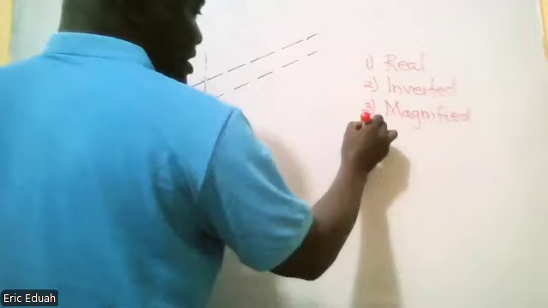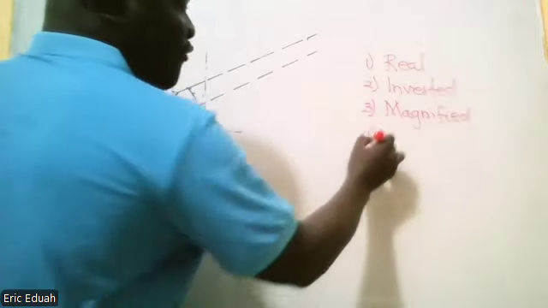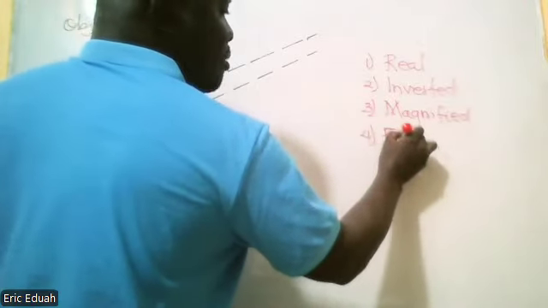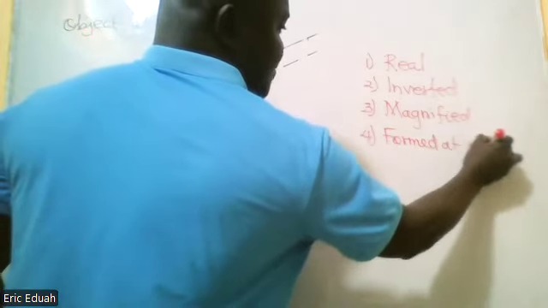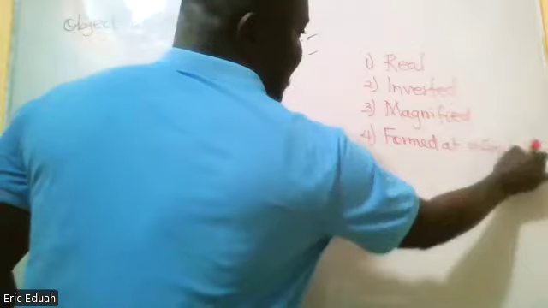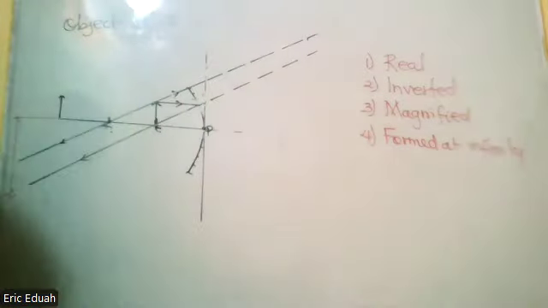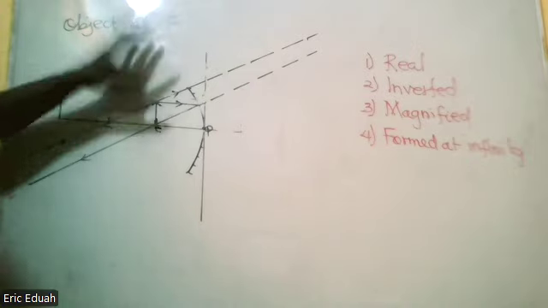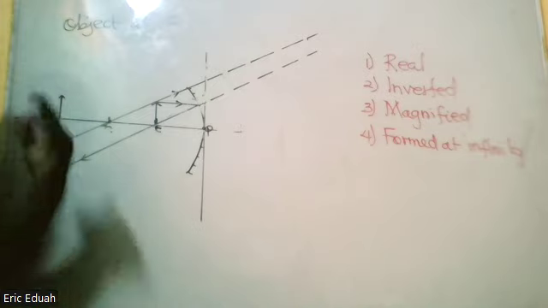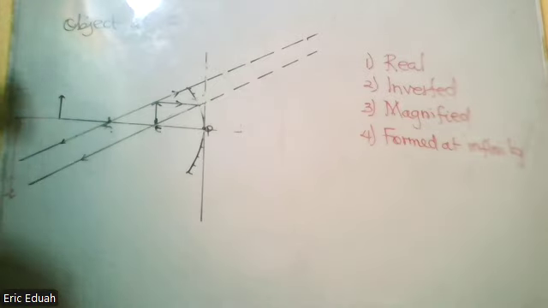Then the last characteristic is that it is formed at infinity. So whenever an object is placed at the principal focus, the image is formed at infinity. Image formed is real, image formed is inverted, and image is magnified.